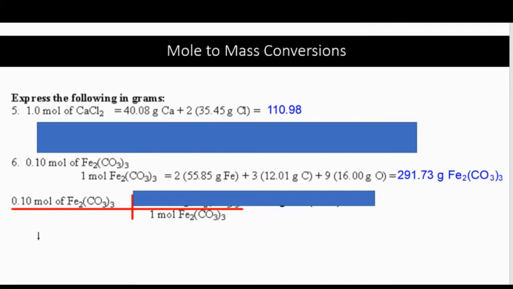And when we do moles times anything, let's say G over moles, the moles end up canceling out in our math, and the only unit left over afterwards is going to be grams, or G. So moles times G over moles, the moles cancel out because they're on the top and the bottom, and G is the only thing left.